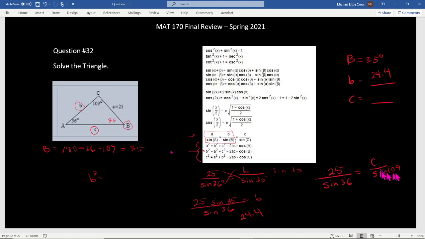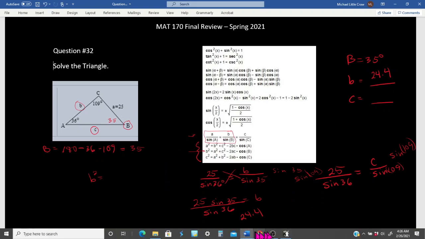And again, we just multiply both sides by sine of 109. It's a lot simpler than using the cosines. So 25 times sine of 109 divided by sine of 36. So we plug that one in.